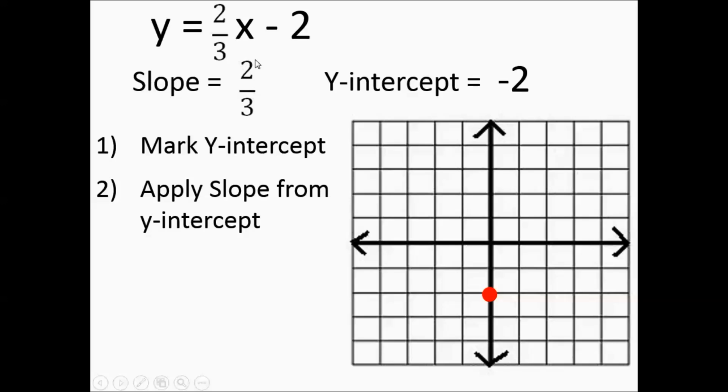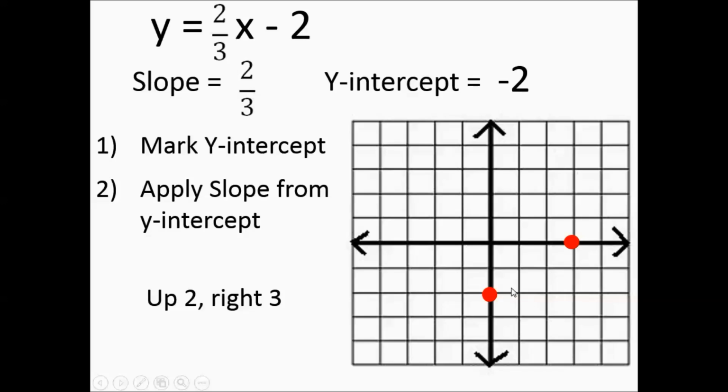It's a positive 2. That's always your up, down. So if it's a positive 2, that means you're going upward with it. The 3 is positive down at the bottom. That's your horizontal change. And right would be the positive direction. So this is going to be up 2, right 3. There we go.